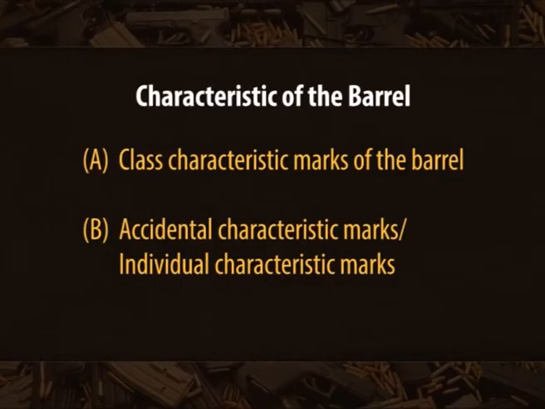A bullet is a projectile fired from a rifled weapon and is a part of a rifled cartridge. The bullet, while passing through the barrel, gets certain characteristics of the barrel, which are the class characteristic marks of the barrel and the accidental or individual characteristic marks.